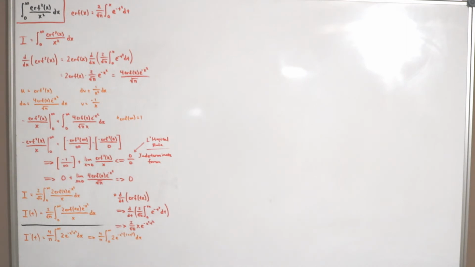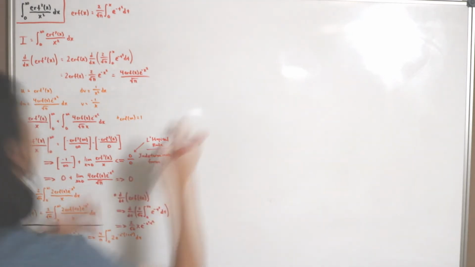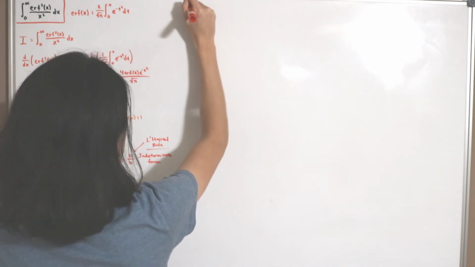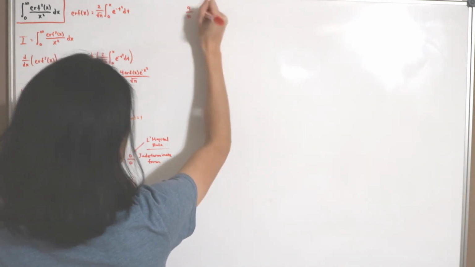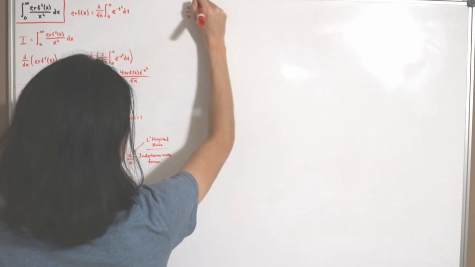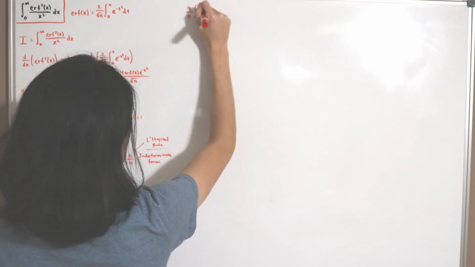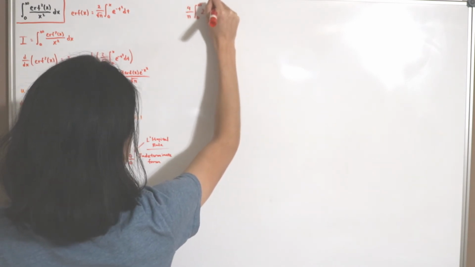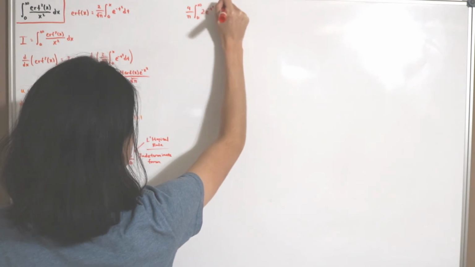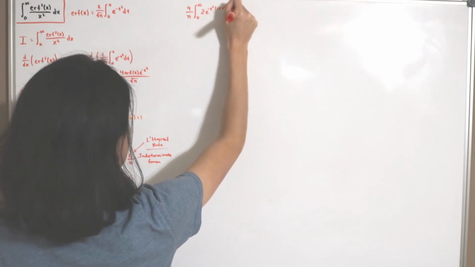To integrate this, I'm going to do a u-substitution. Coming from over here, let me rewrite what we're dealing with. We have 4 over pi, integral 0 to infinity of 2 times e to the negative x squared multiplied by 1 plus t squared dx.